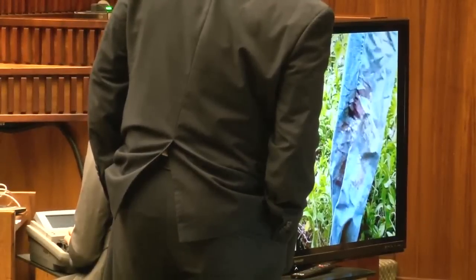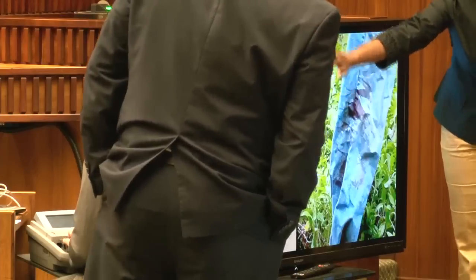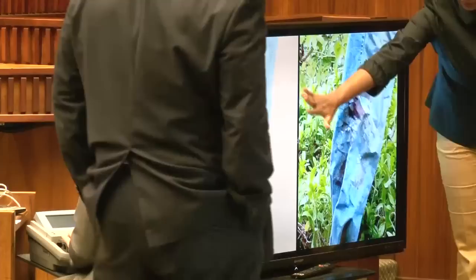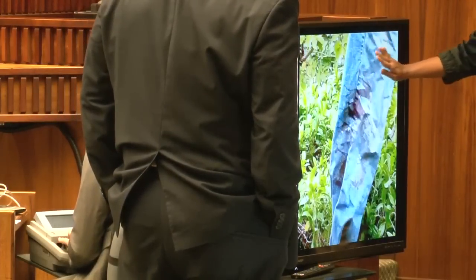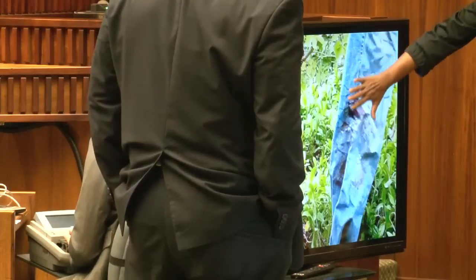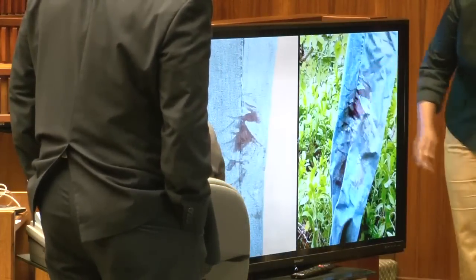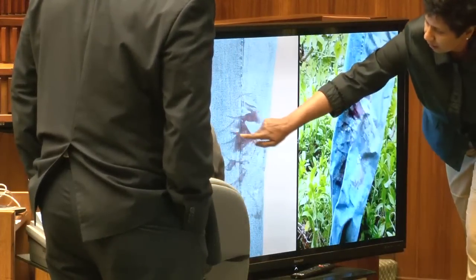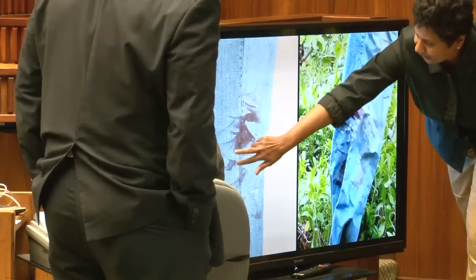Is that correct? Yes, and that left side is, at least in the photograph, flattened, and to the right side you see some folds, and then you see this blood-appearing stain, and then you see empty blank areas with no blood stains.